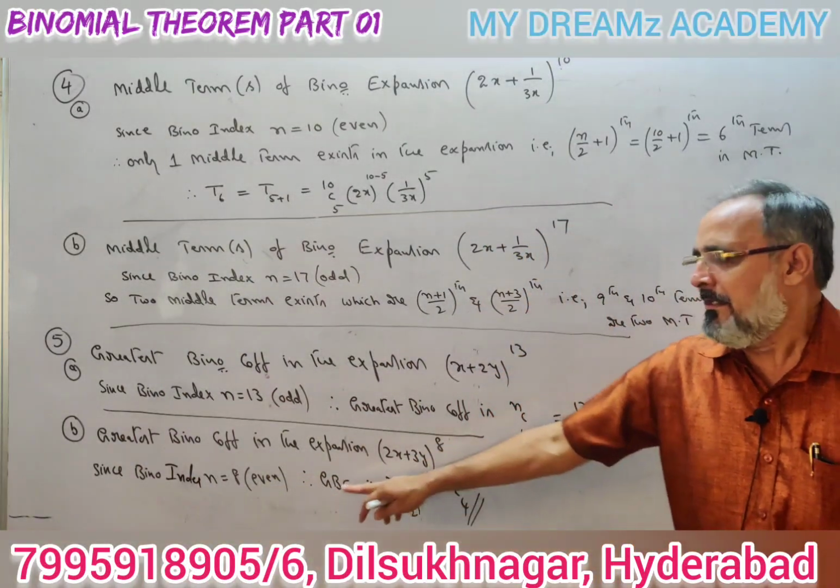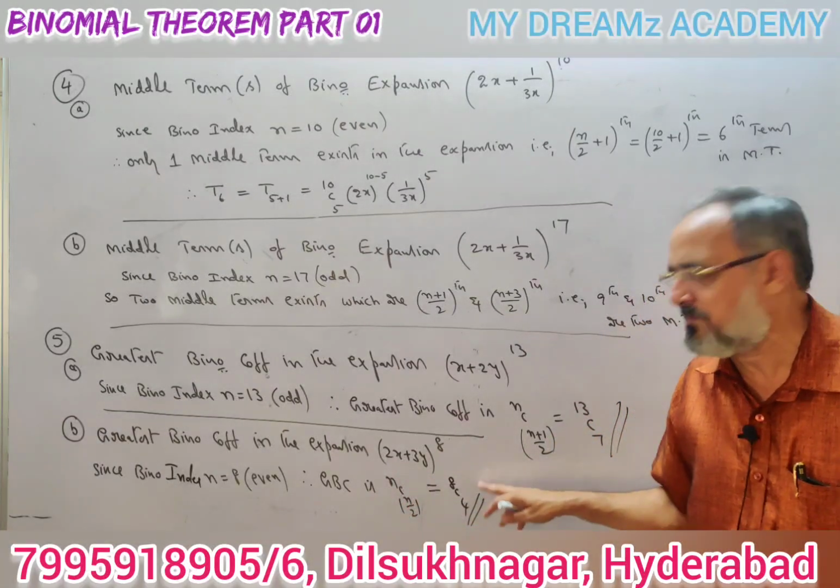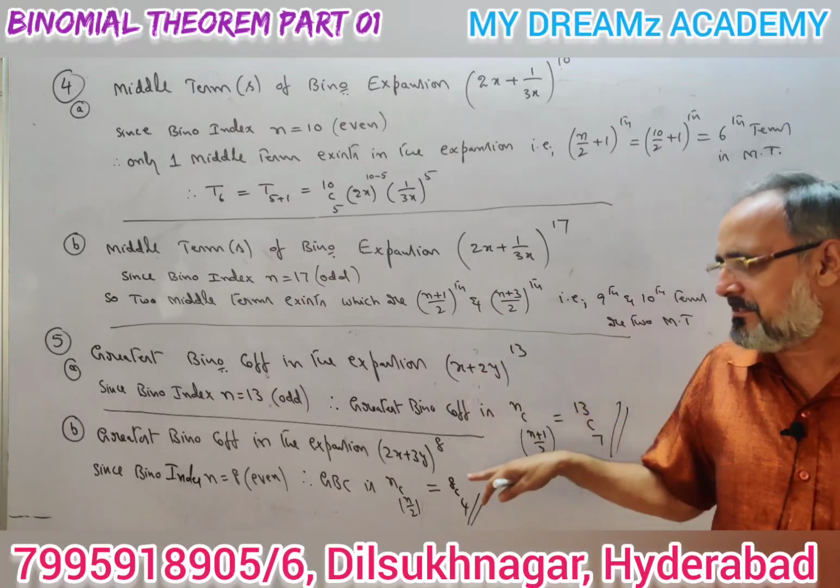Therefore the greatest binomial coefficient will be nC(n/2). n is 8, 8 by 2 is 4, so 8C4 is the greatest binomial coefficient.